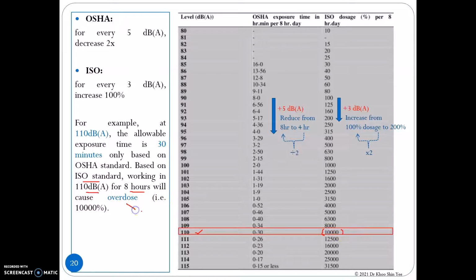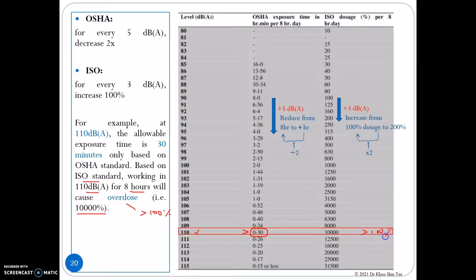So overdose means exceeding 100%. So in this case, it exceeds a lot. So this is the maximum allowable time that we allow to stay in an environment with 110 dBA. If we stay longer, greater than 30 minutes, it will cause overdose.